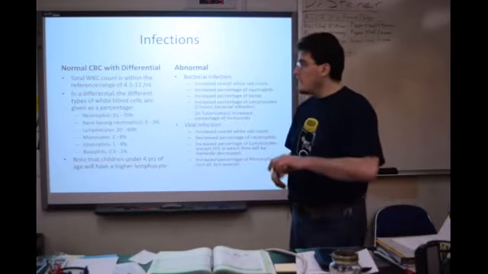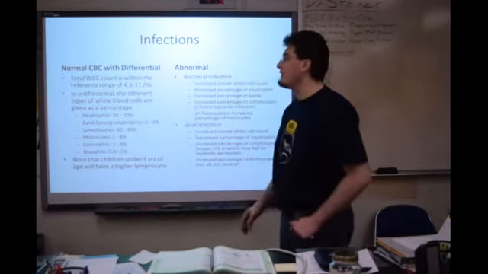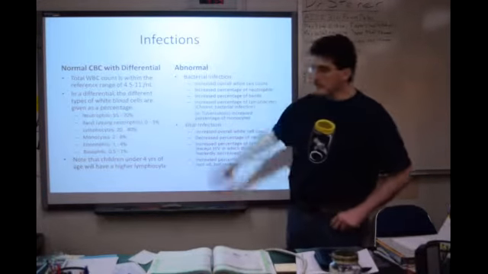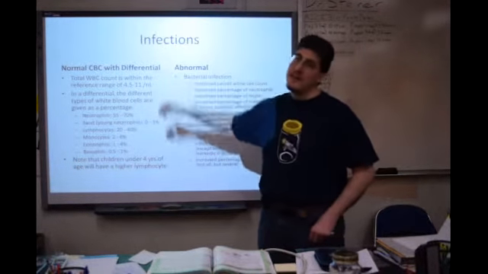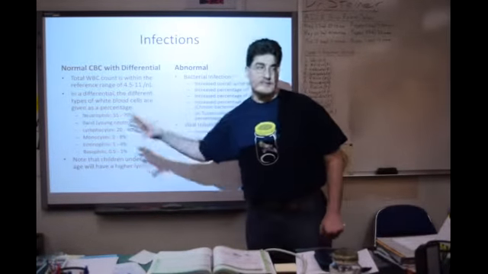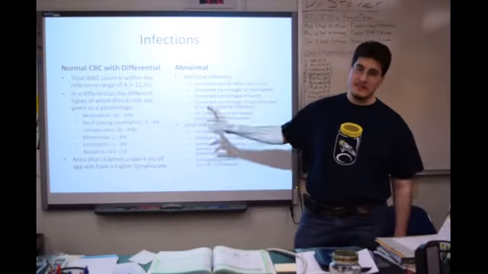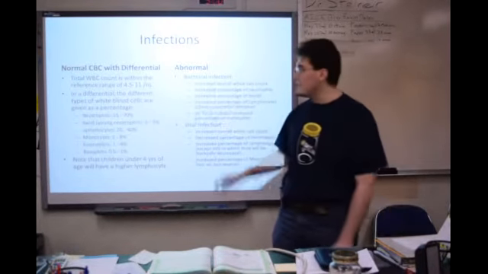So, in a differential, that's the new term on this board. A CBC is a complete blood count. A differential is the different blood cells present in that CBC, given as a percentage.